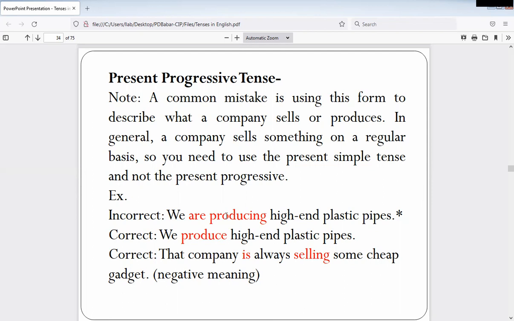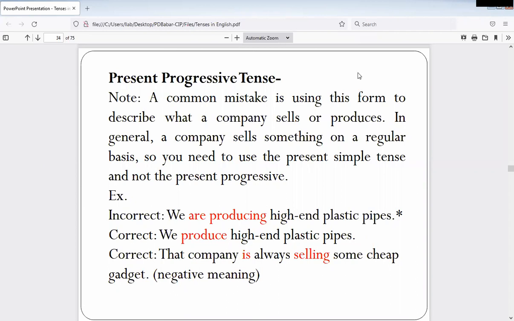So for giving information about a company, generally we make use of the simple present tense. Means what? Our company produces, or our company sells, high quality products. Our company sells, or our company produces high quality products.